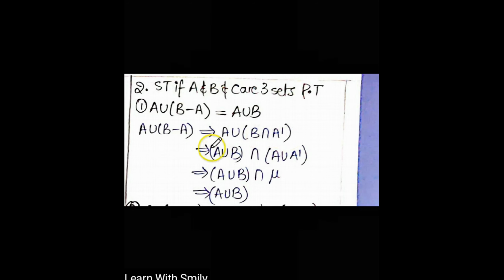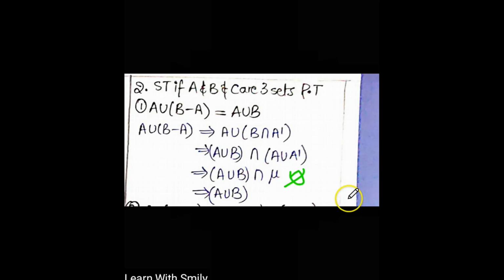That's the reason we are writing A union B intersection A union A dash. A union A dash is obviously the universal set, and it is an empty set. Okay, we have learned the pi, right? So this is the pi. So A union B intersection pi is obviously A union B.